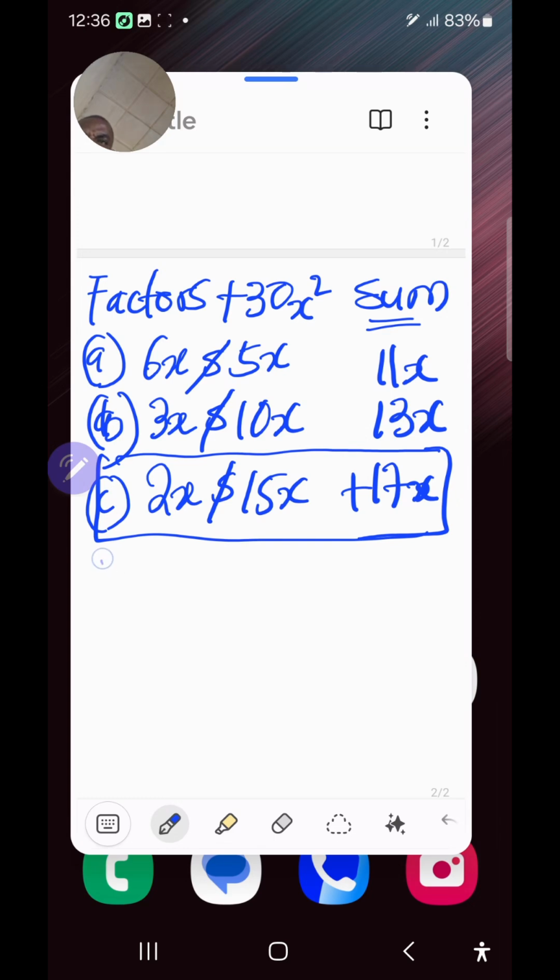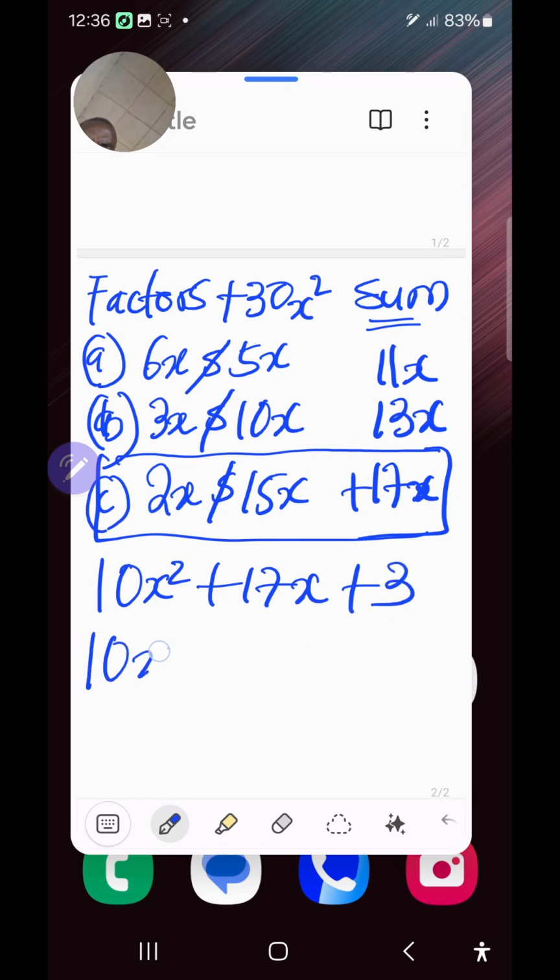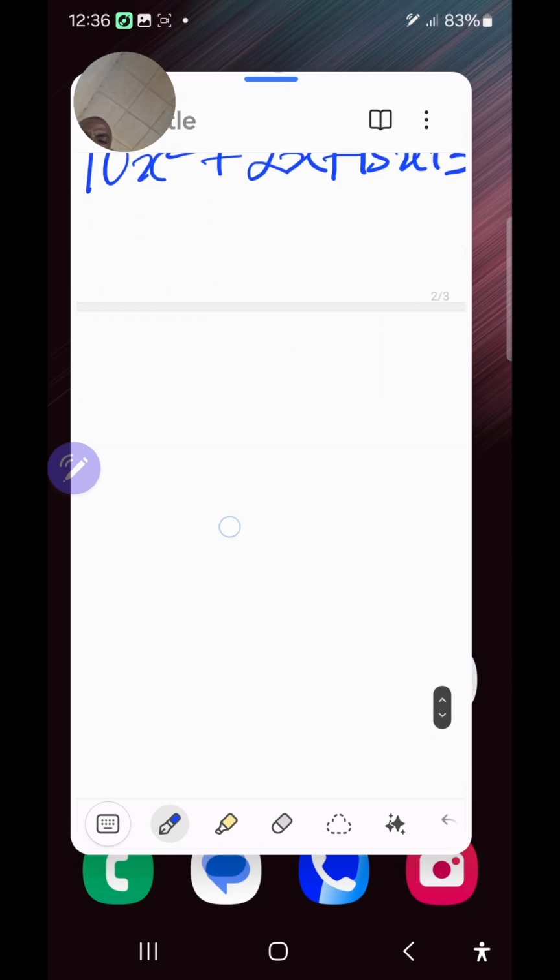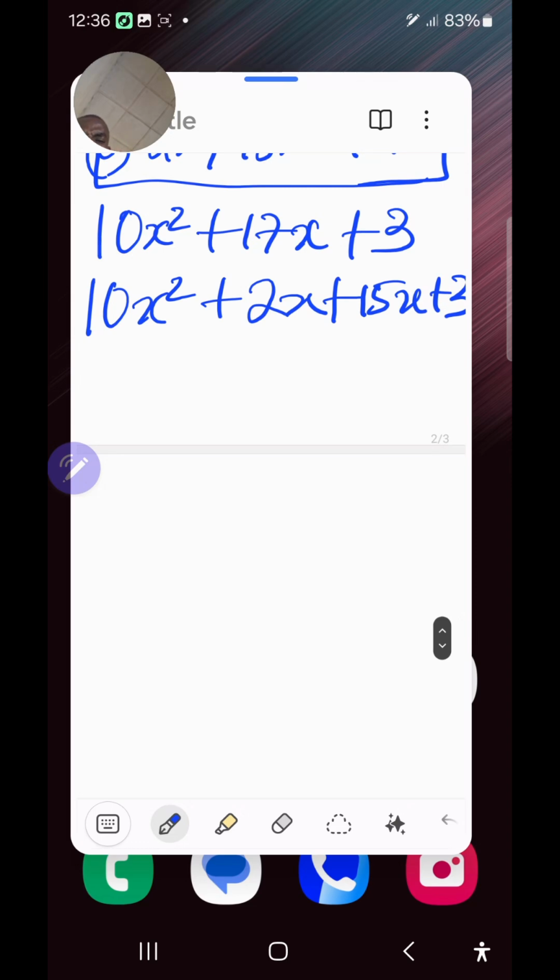The initial equation was 10x squared plus 17x plus 3. Now we substitute that 17x with 2x plus 15x, plus 3. Then we factorize by finding the common factor.